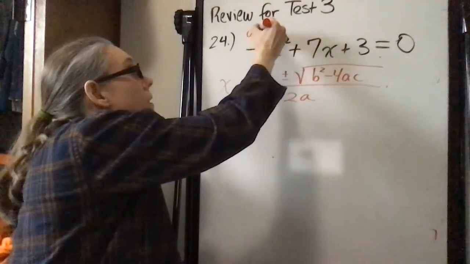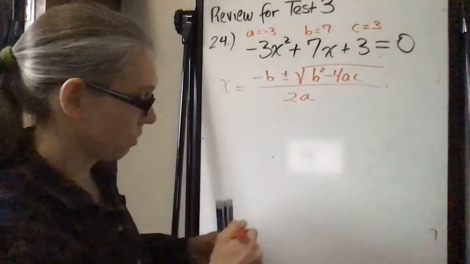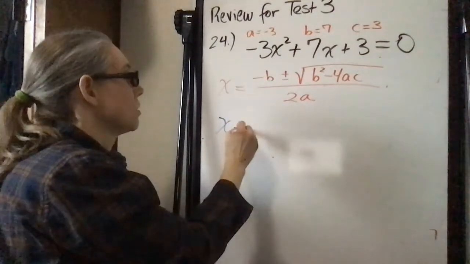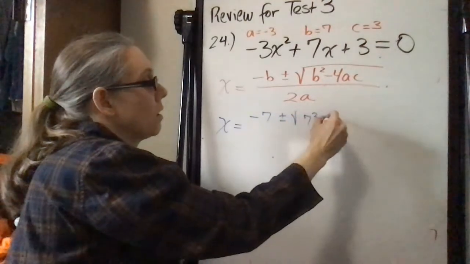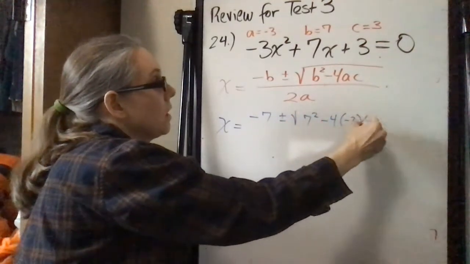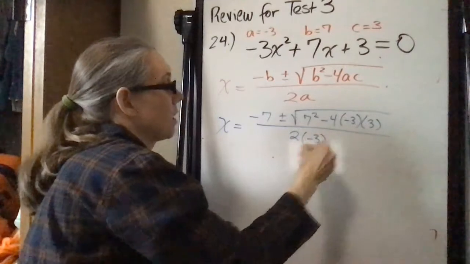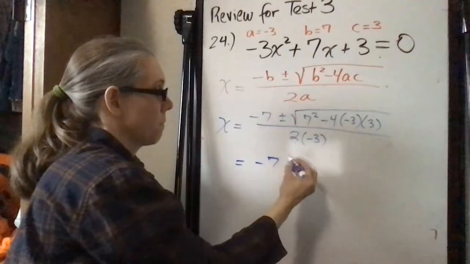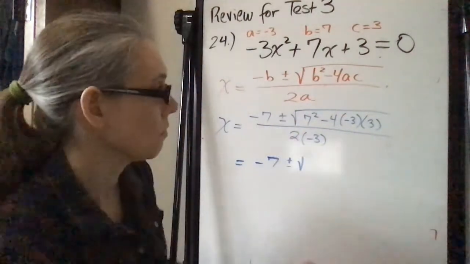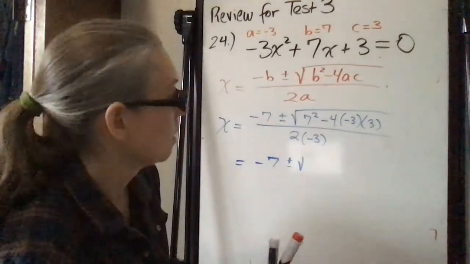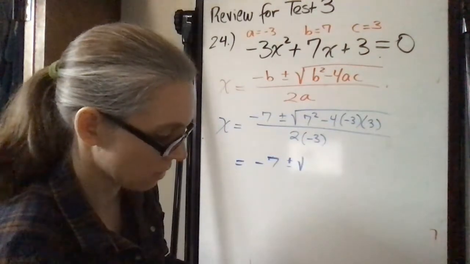So since a is negative 3 and b is 7 and c is 3, I can rewrite this as x equals negative 7 plus or minus the square root of 7 squared minus 4 times negative 3 times 3, all over 2 times negative 3, which becomes negative 7 plus or minus the square root of, this is 49, so we have 49 minus minus will be a plus, so that will be 9 times 4, which is 36.